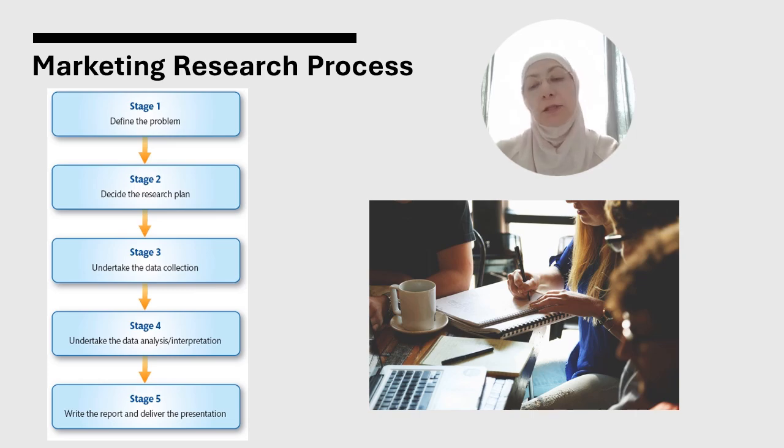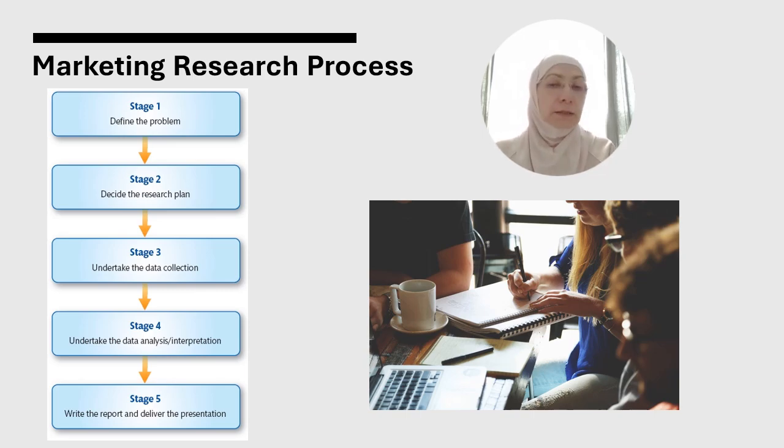Now this, because it's a systematic process, it follows specific steps in a specific order. Of course, you go backwards and forward between these steps to adapt and change and develop based on the realities around you and the results that you get from each process.